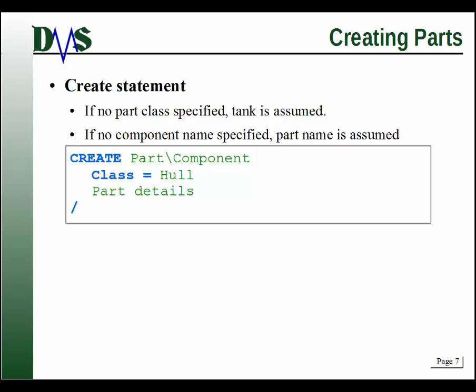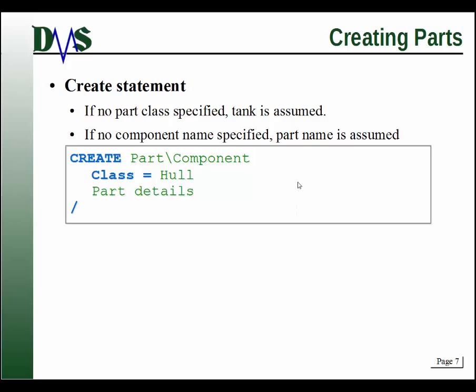This is the format for the create statement, and you start with the keyword create, part name, \, component name. And the part name can be anything you want, following normal GHS naming conventions. Same thing for the component. If you don't specify a component name, then it automatically copies over as the same name as the part name.